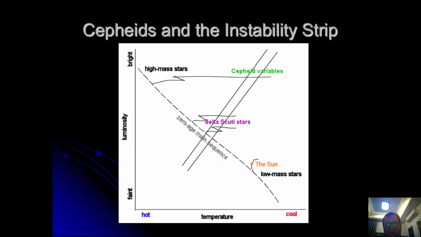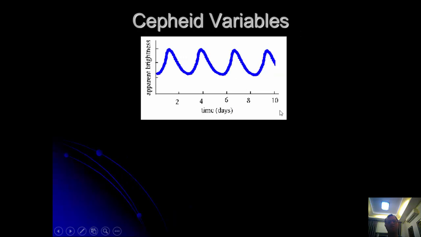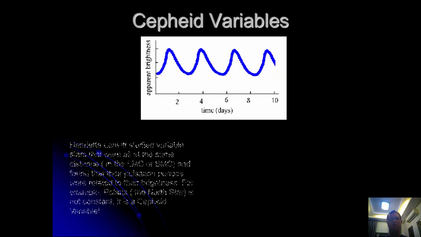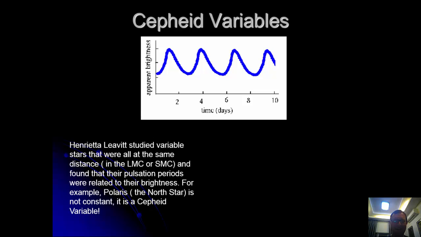Now, these Cepheids can be found on what is known as the instability strip. So they're stars that occur coming off the main sequence along this fine strip here, and that's the one place that they exist. Now, they're interesting because Henrietta Leavitt, one of the truly great female astronomers, studied variable stars that were about the same distance away.